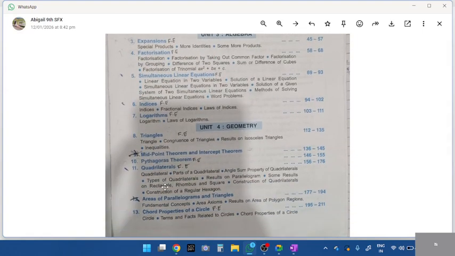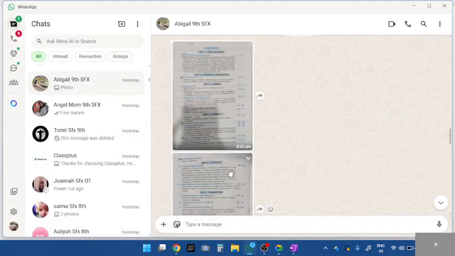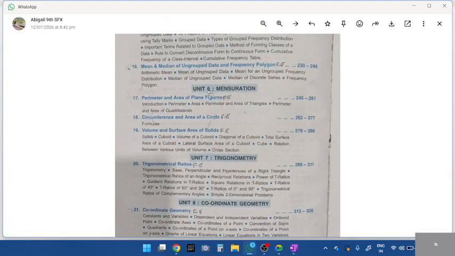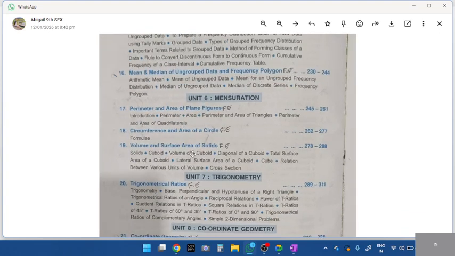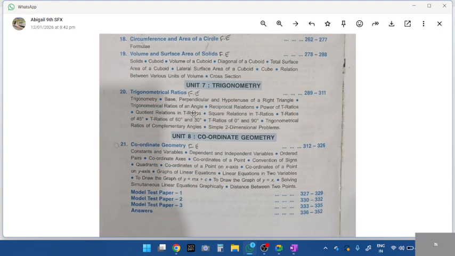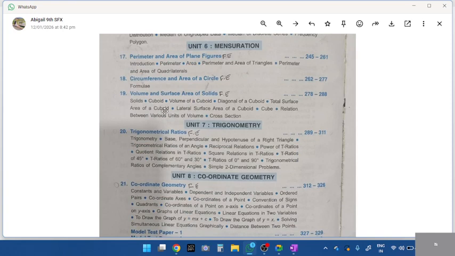Which one do we need to complete? Yes, respond. Trigonometry is done. Coordinate geometry, then volume and surface area will start. Anything before that? Circumference we didn't do. What about perimeter and area? Was it done?